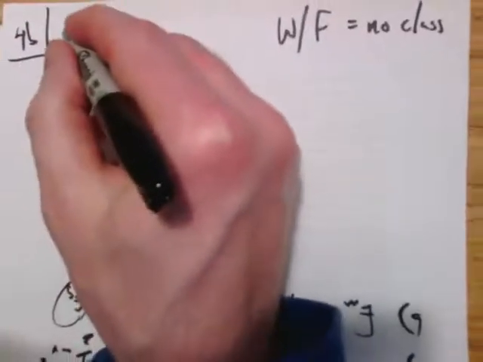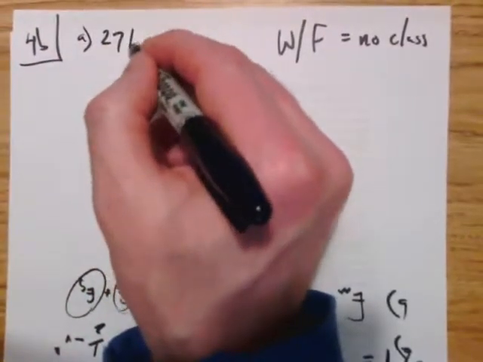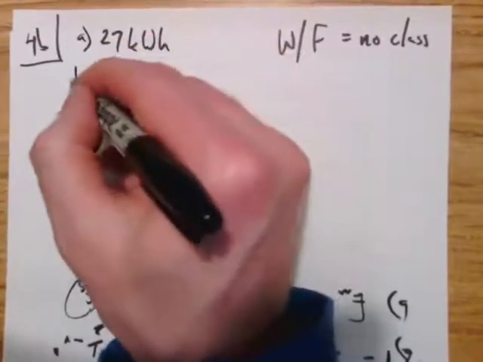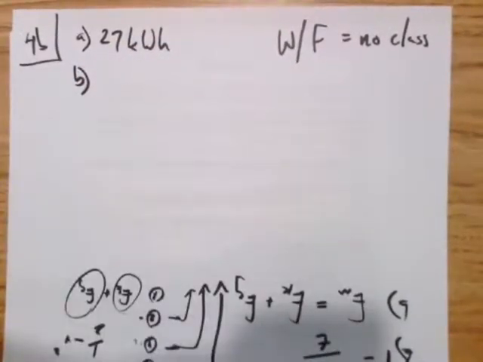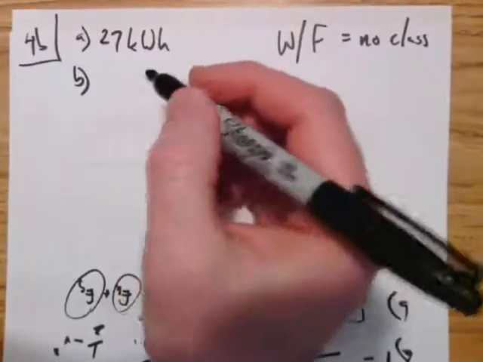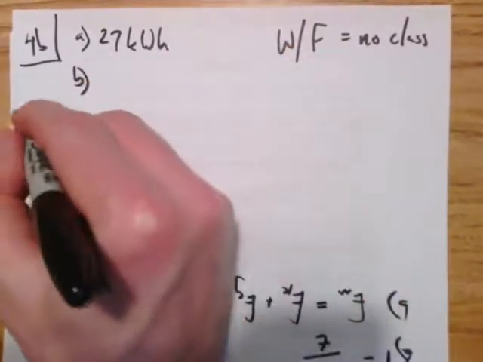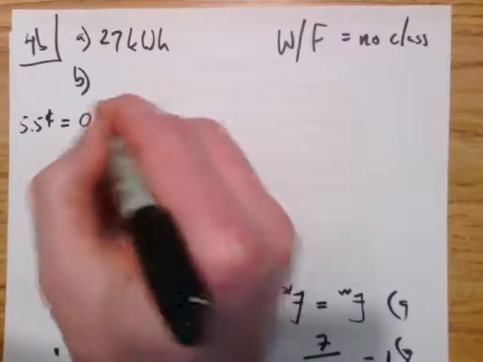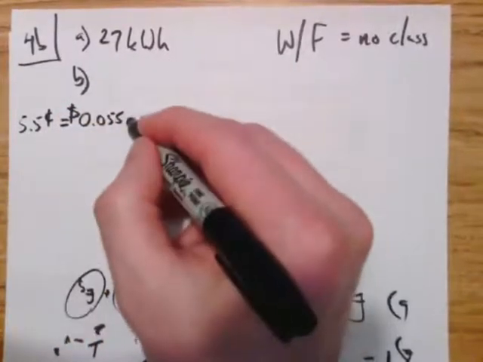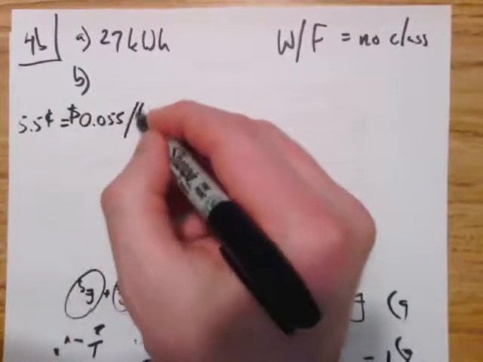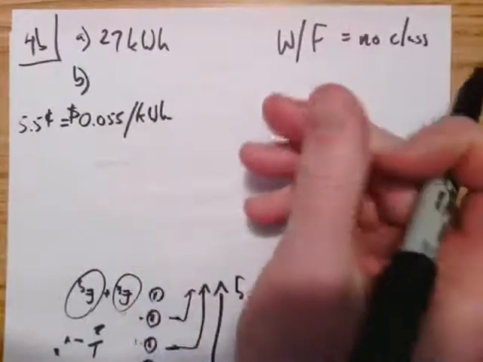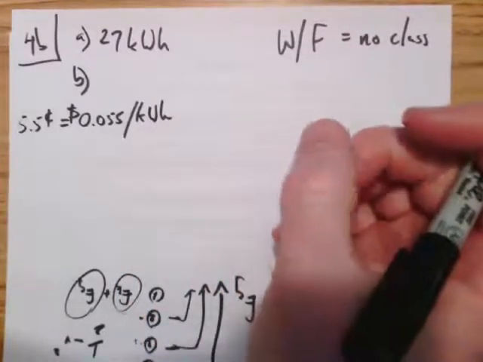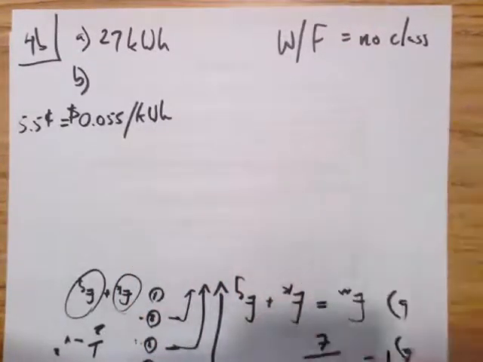B says, assume the average cost of electricity is 5.5 cents per kilowatt hour, which is $0.055 per kilowatt hour. How much money will the family save a year on their electrical energy bill?